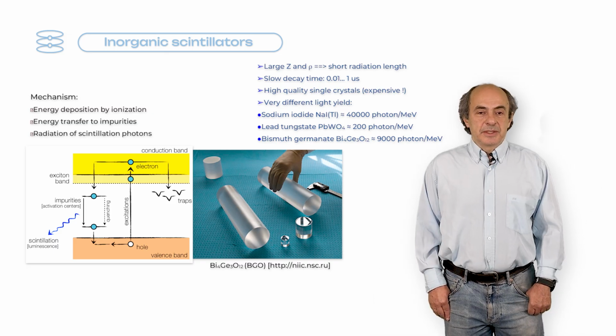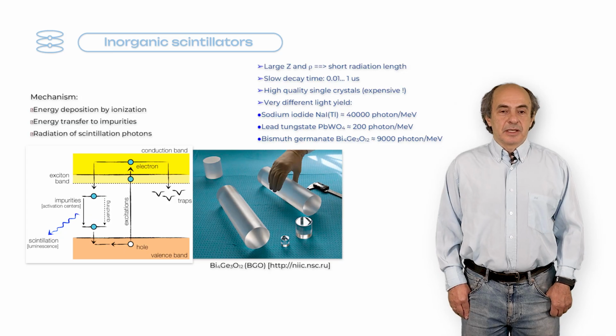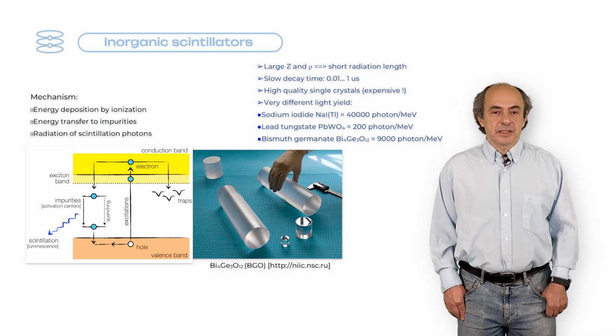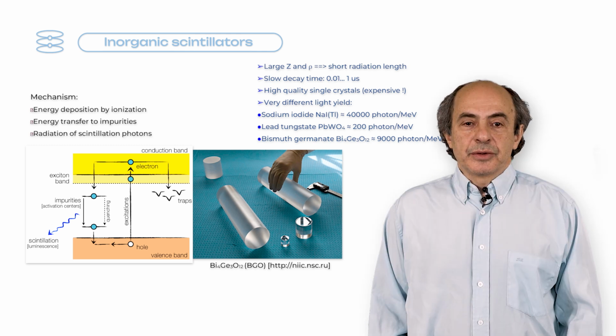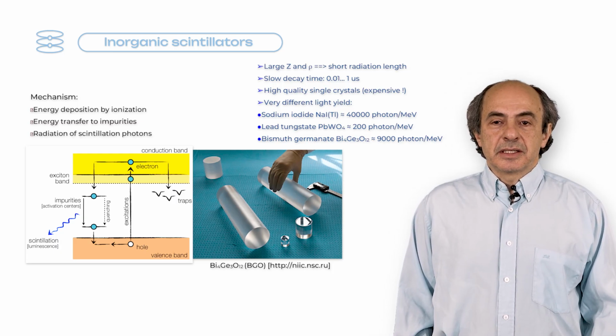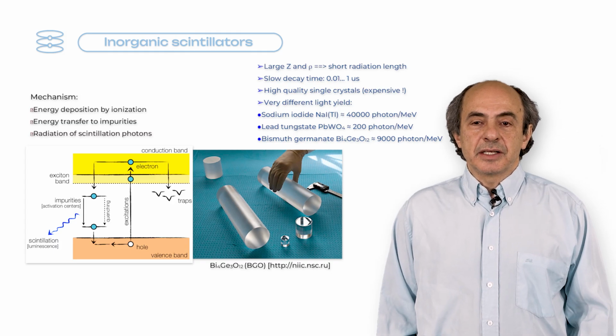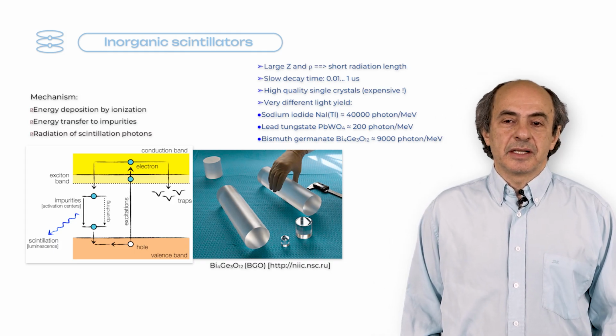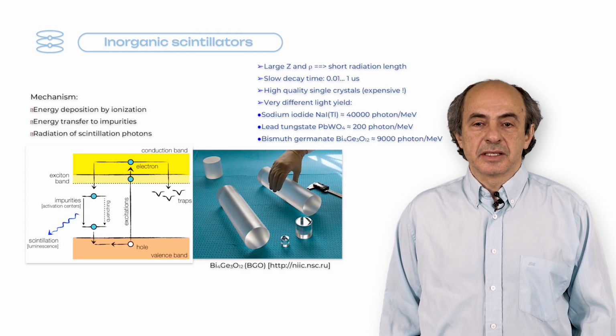The main property which we like in inorganic scintillators is that we can make them with very high Z and high density, so they have short radiation lengths. Because of the travel of electrons and holes after ionization, the decay time is comparatively long, from say 10 nanoseconds to 1 microsecond.